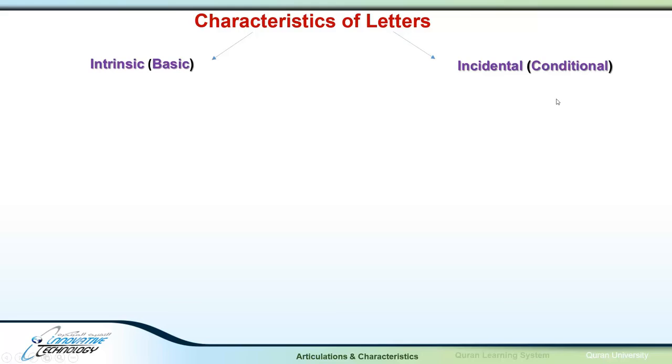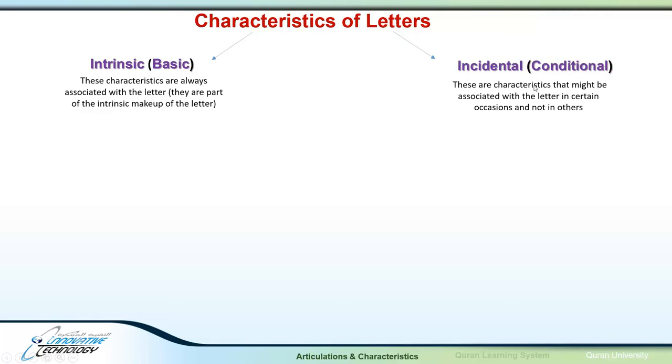The difference between the 2 is that in the intrinsic characteristics, the characteristics are always associated with the letter, and thus they are part of the intrinsic makeup of the letter, while in the incidental or conditional characteristics, the characteristics are not innate. In this case the characteristics might be associated with the letter on certain occasions, while on other occasions they don't exist. So they are conditional to that particular occasion, and that's why they are not always associated with the letter, and hence not always intrinsic or basic characteristics.